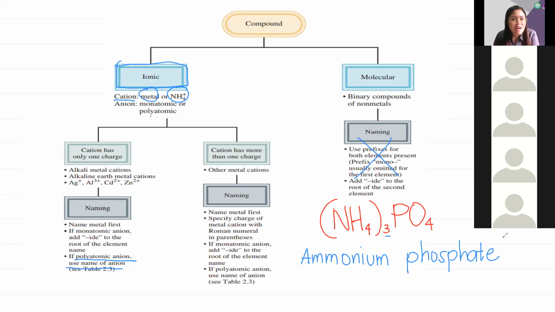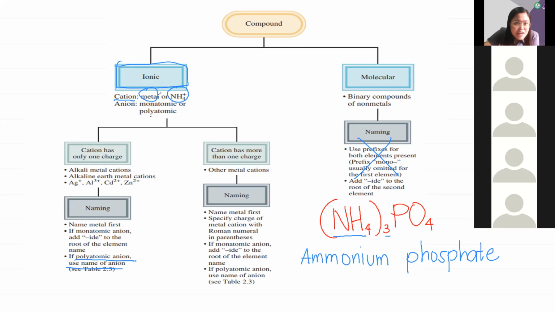Basta pagkita ni sa chemical formula na lisang na din mo nga ngano man na siya, always go back with the guidelines nga ako ang gihatag sa inyo ha, and you can use your periodic table and even your index card. So pag nakita gani ninyo na si NH4, ayun ang magtanaw sa inyong periodic table kay dili man ni siya single element. So dito ninyo siya pangitaas sa inyong polyatomic ion, and makita ninyo din nga ang iyang pangalan kay ammonium.